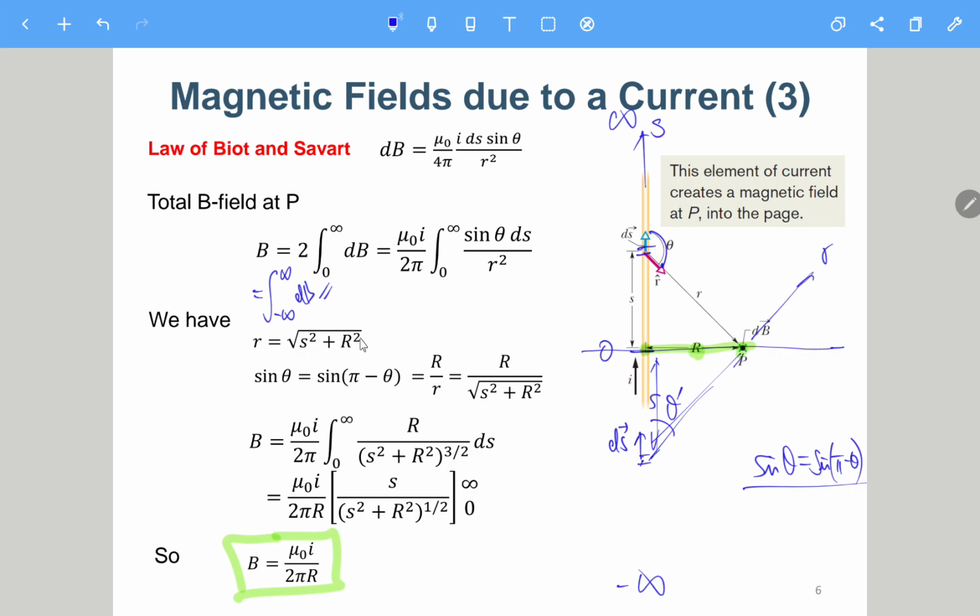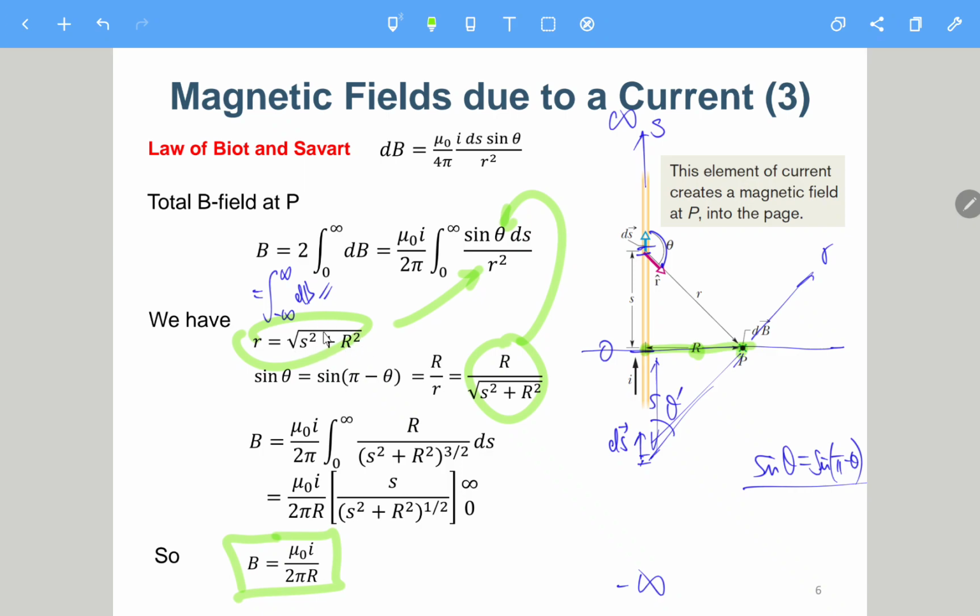When we plug this one to here and this one to here, capital R is a constant, so this function will only relate to s.